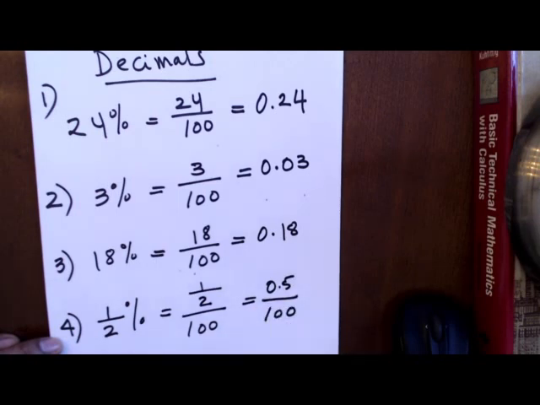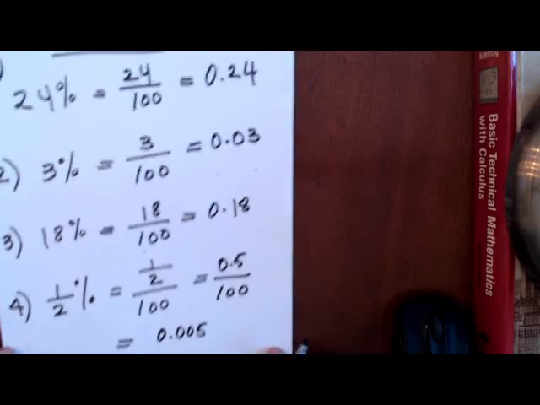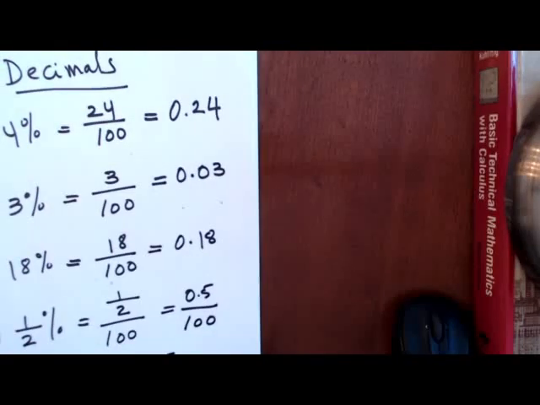But then we have to know that the decimal point has to move two spaces, so we get 0.005. And that's basically the way you calculate decimals. Let's spend some time on this, to give you some pointers here.